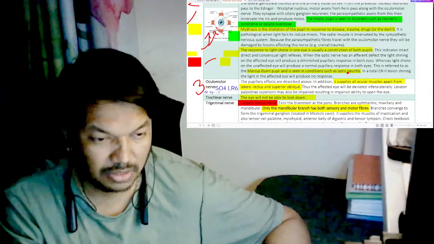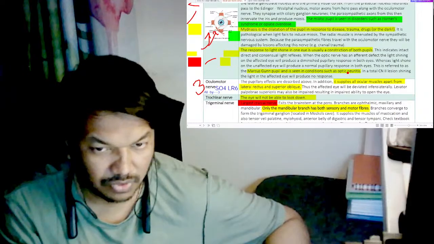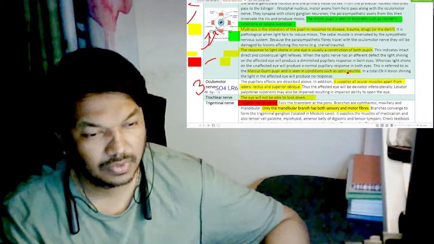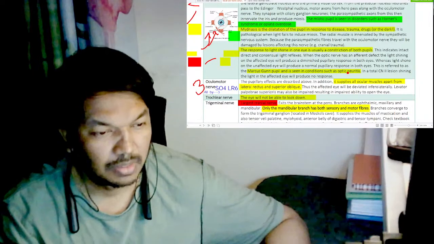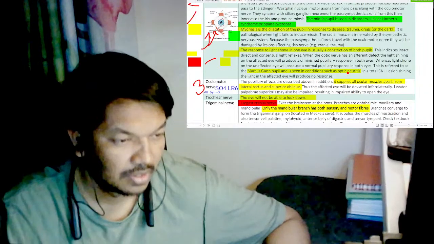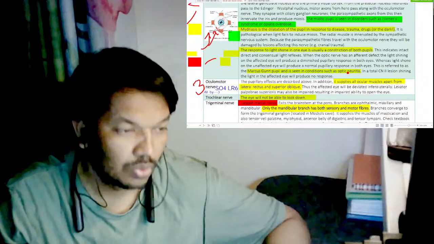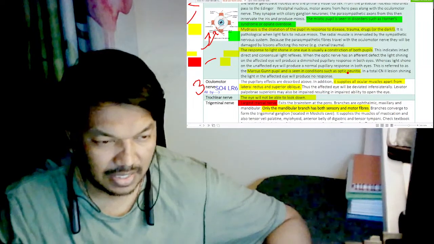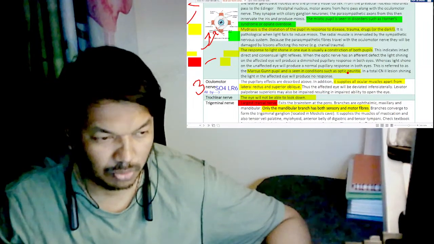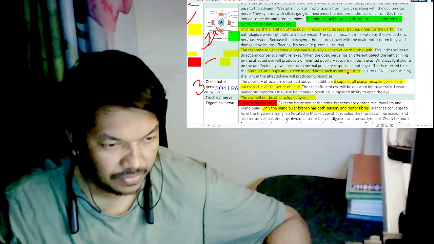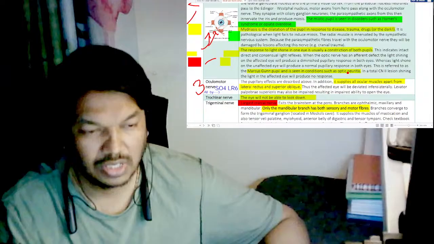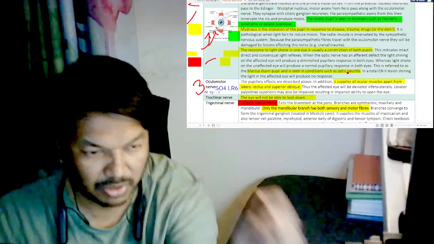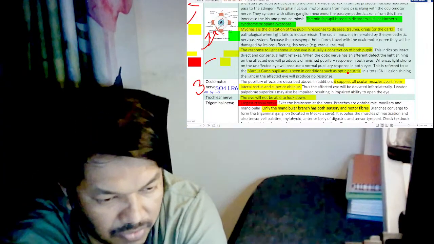It supplies all ocular muscles apart from lateral rectus, LR, and superior oblique. Superior oblique is SO, so SO4 means the superior oblique muscle is supplied by trochlear, number 4.